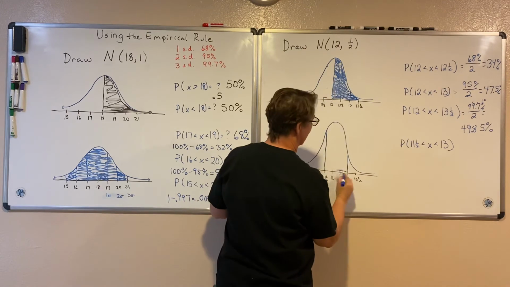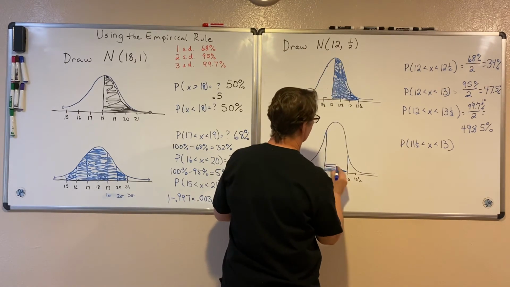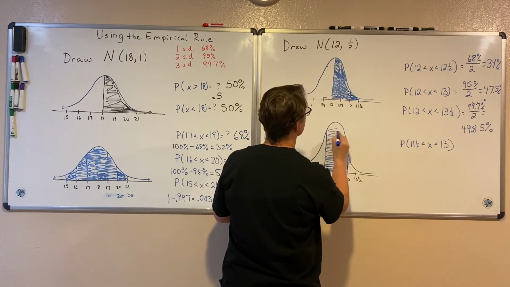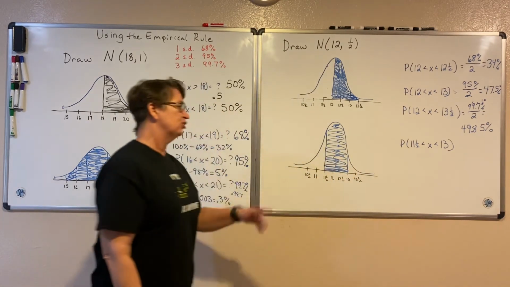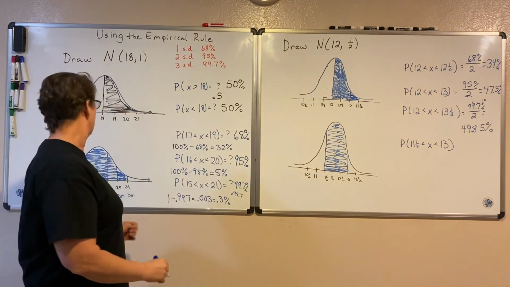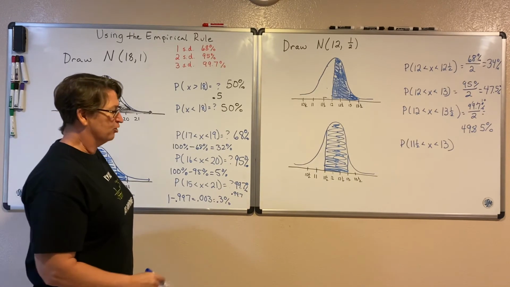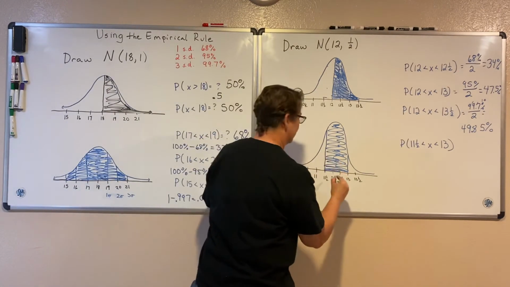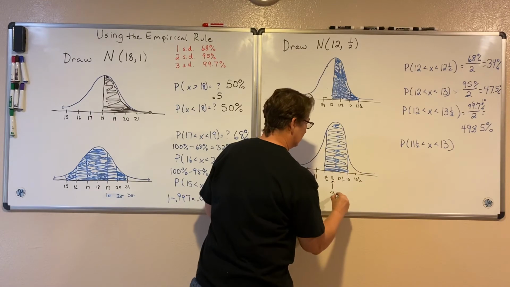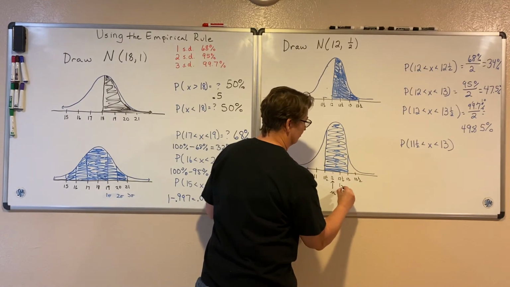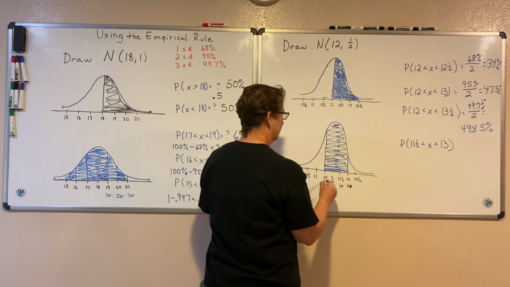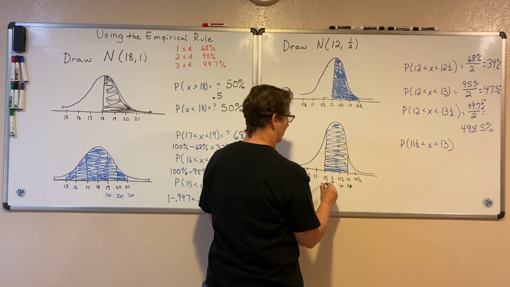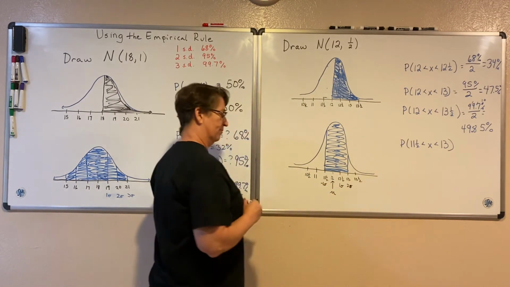So in other words, I'm looking for this area under the curve here. Well, we can begin to use some of the things that we've had before. So notice that, first of all, it might help if I said this part is the mean. This is 1 standard deviation. This is 2 standard deviations. But this direction, I went back 1 standard deviation.